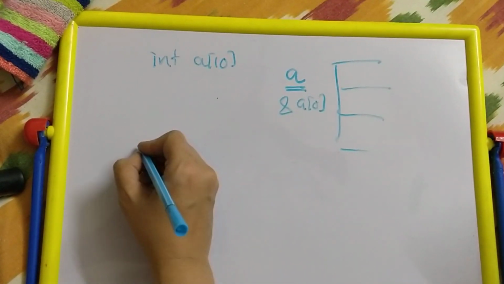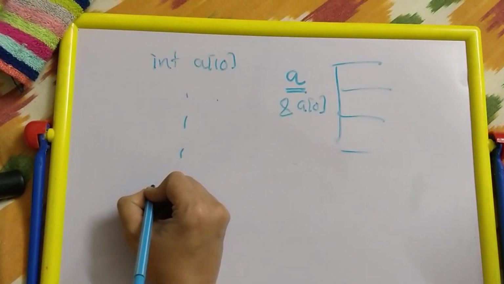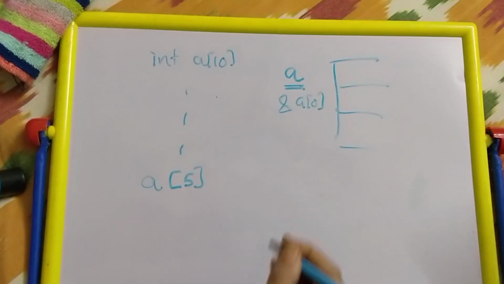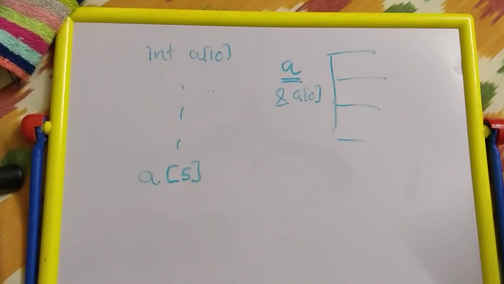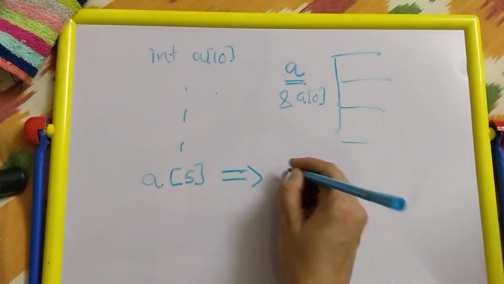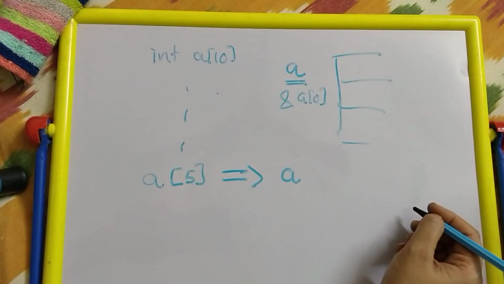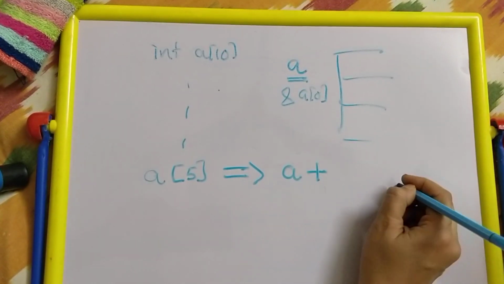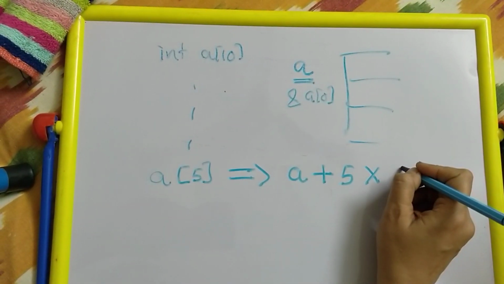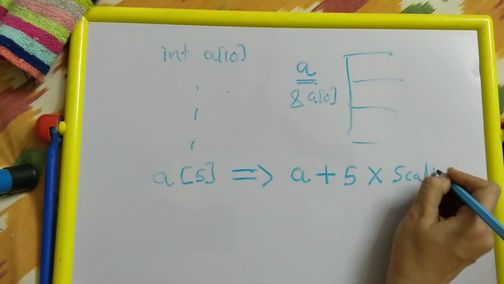Now in your programming logic, whenever you are talking of any of the elements, say A of 5, the A of 5 value is calculated using the logic A plus 5 into the scaling factor.